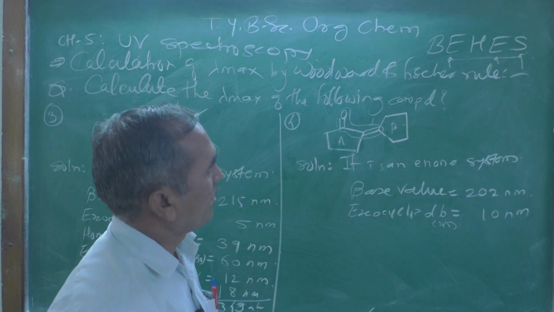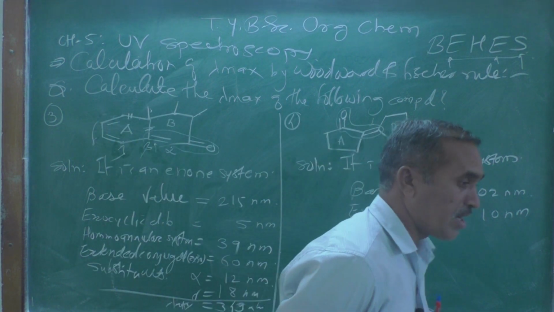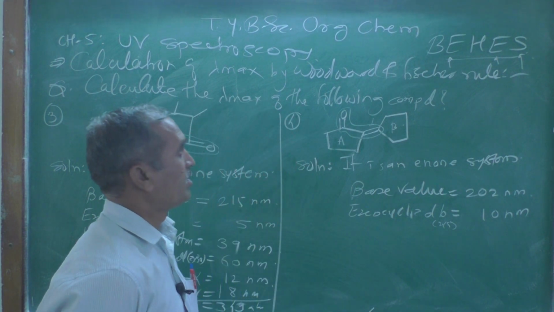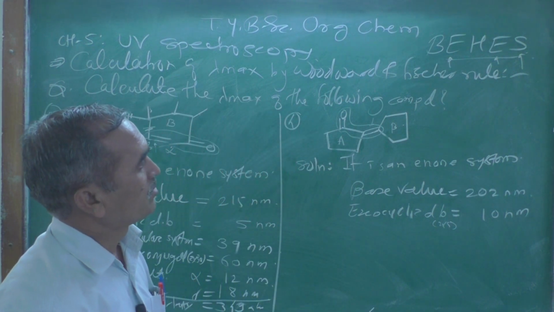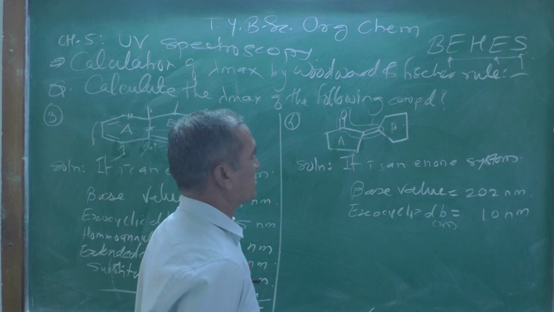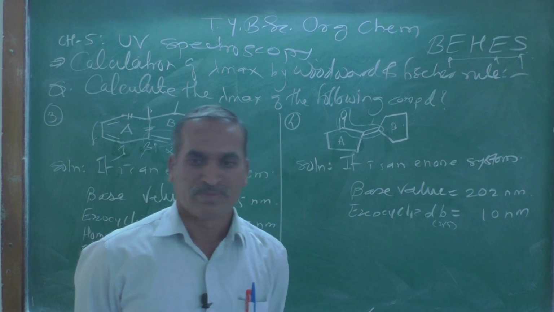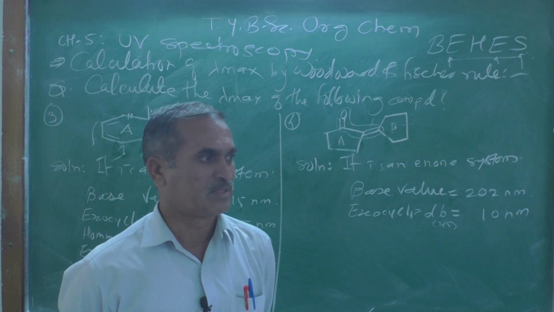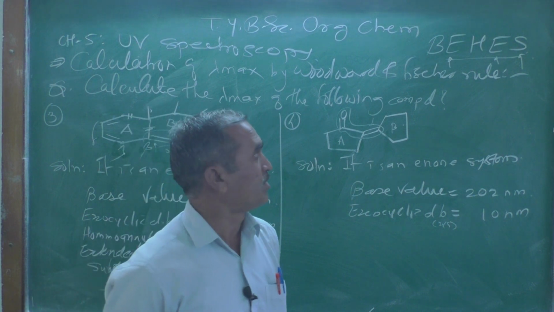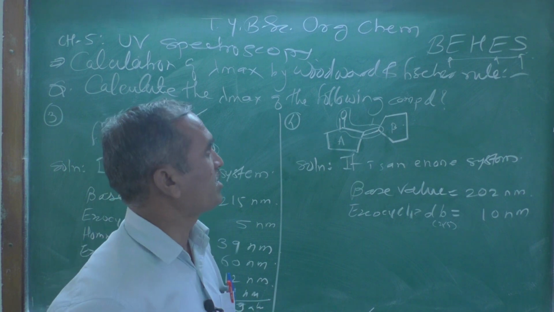Now what is the next point you should consider? H stands for homoannular system, and as we know, a homoannular system is one where the ring contains both double bonds in the same ring. If you observe this structure carefully, you won't see any such diene in the ring, and therefore there is no question of a homoannular system in this case.